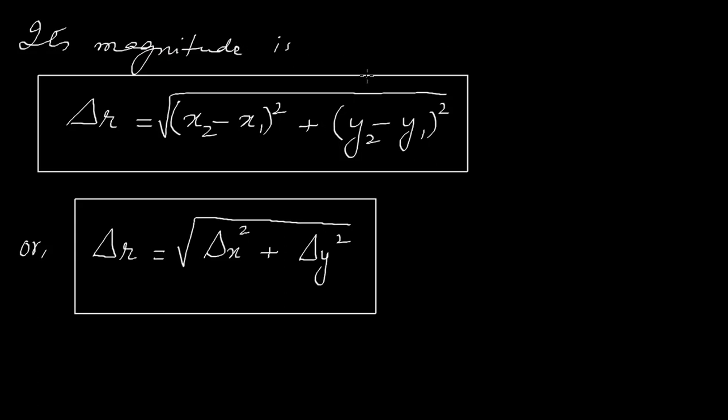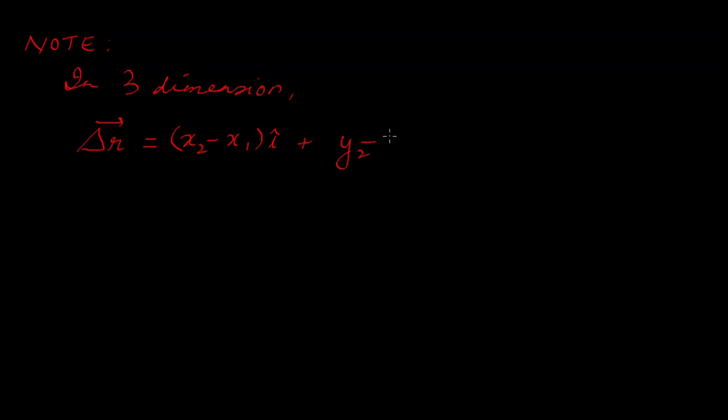All right, so this gives the magnitude of the displacement vector. Understand? So suppose in 3 dimension, what will be the expression of the displacement vector? We will write that in the form of a note. In 3 dimension, the displacement vector delta R bar will be x2 minus x1 i cap plus y2 minus y1 j cap plus z2 minus z1 k cap.